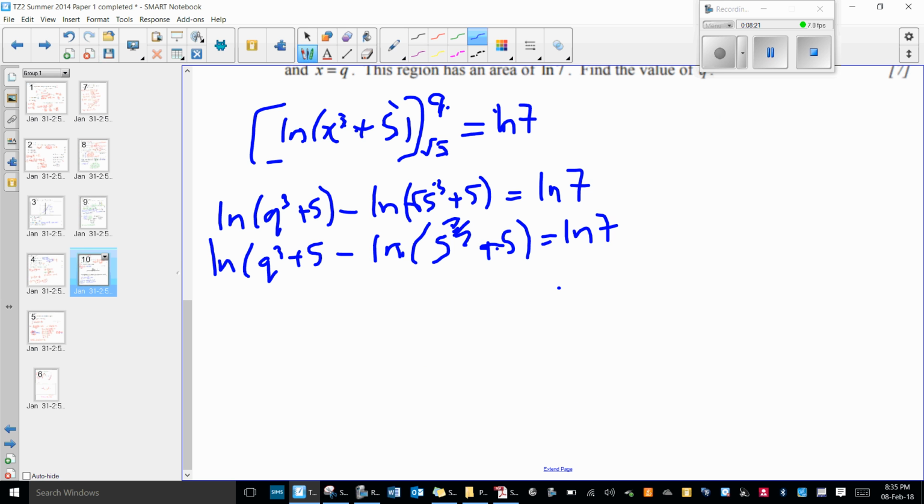Okay, because the square root of something is the same as the power of a half, and then 3 times a half is 3 over 2. Try and rewrite it.